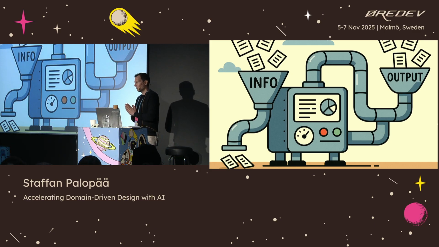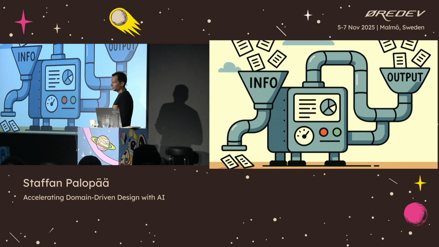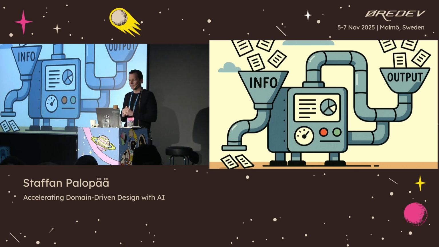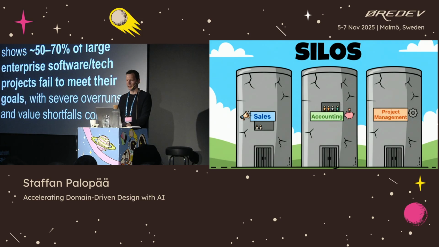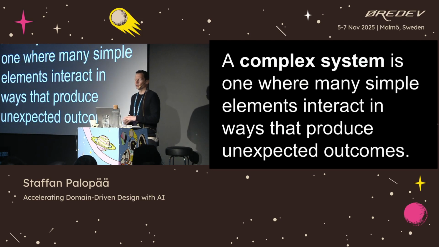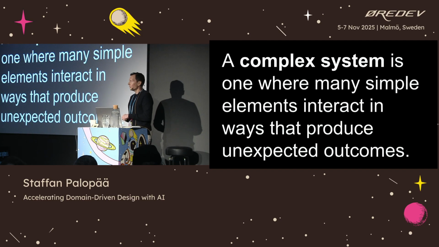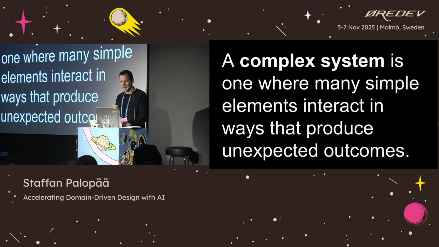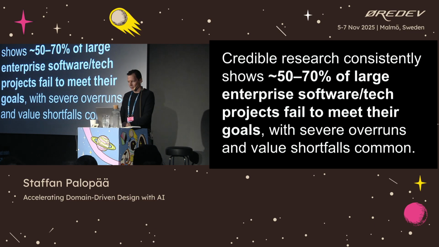So there are a couple of keys to unlock this. The first thing is, if you go back to the definition of a complex system, it says many simple elements interact. So actually there are some simple elements here, which looks promising.